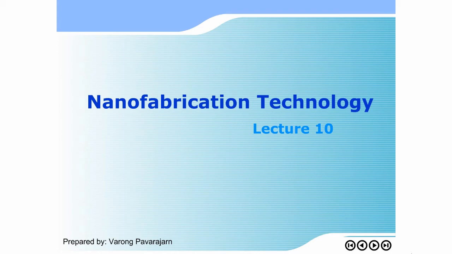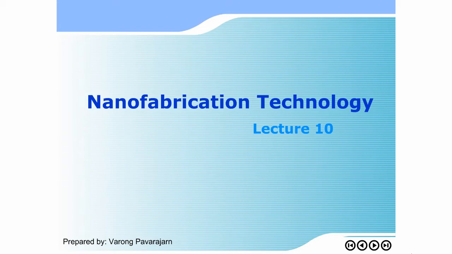Hello, this is the last lecture in the series for Nanofabrication Technology, and this is lecture 10. In lecture 9, we talked about fabrication of thin film in theory as well as vapor phase deposition.